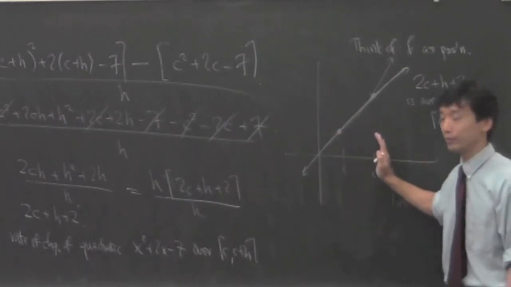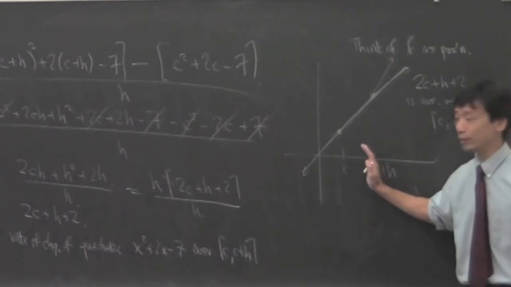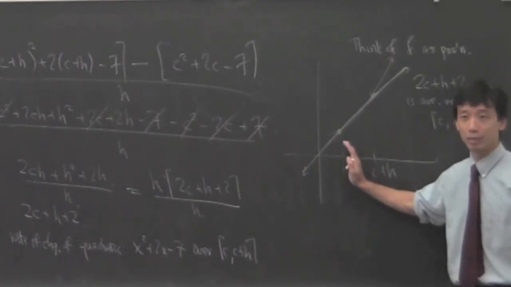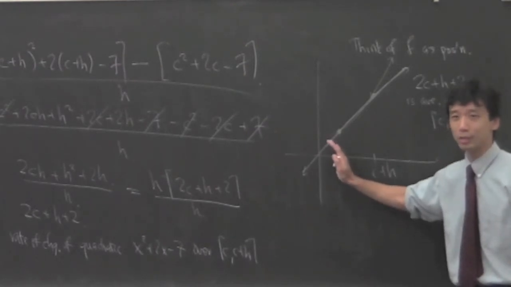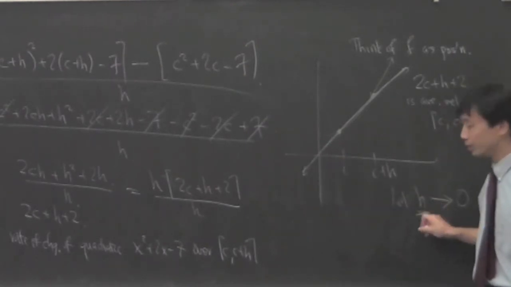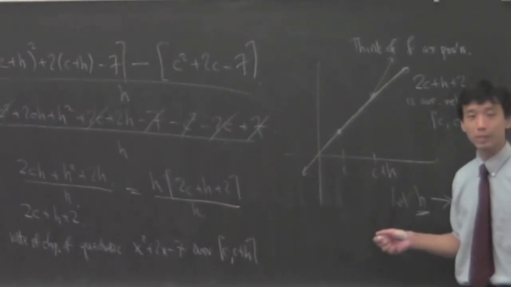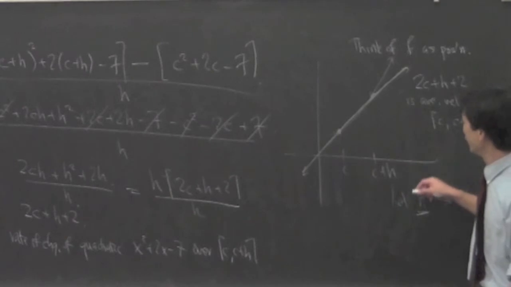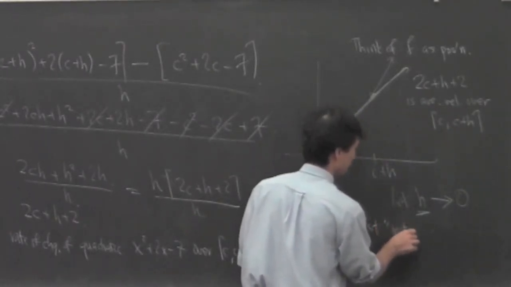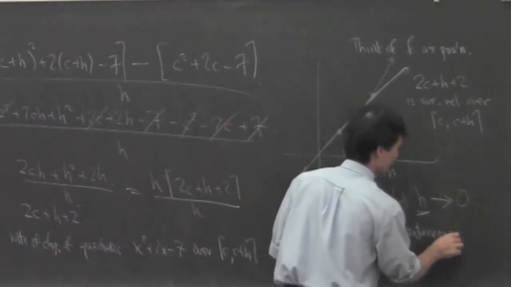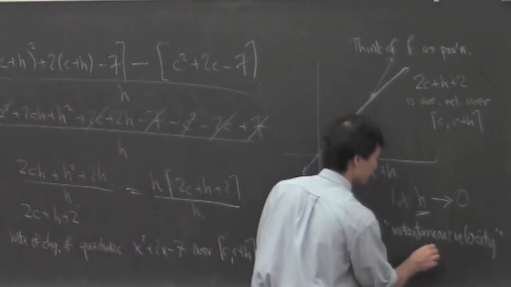You're taking the average velocity over a certain time interval, maybe over 1 hour, and you take the average velocity over 1 minute, over 1 second, over 1 millionth of a second. But you let the time interval shrink in length to 0. And it becomes instantaneous rate of change, and you get so-called instantaneous velocity.